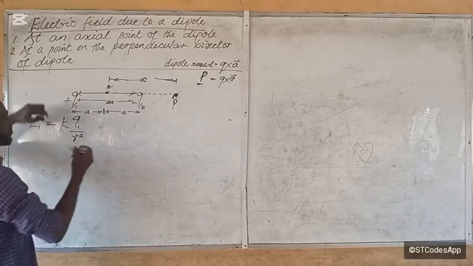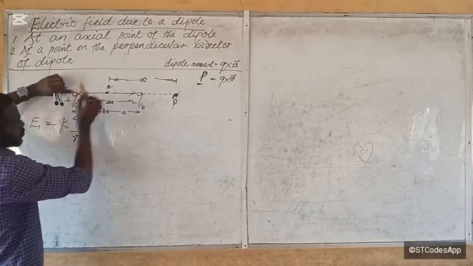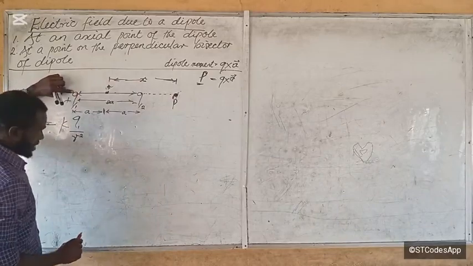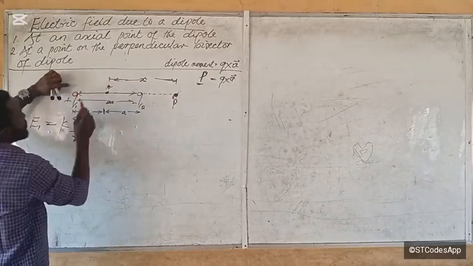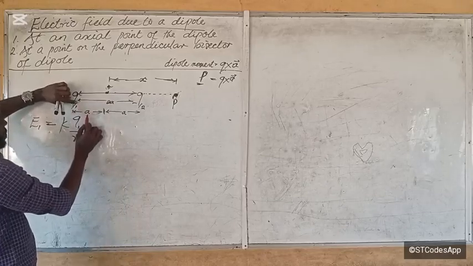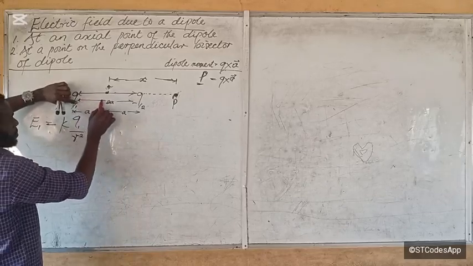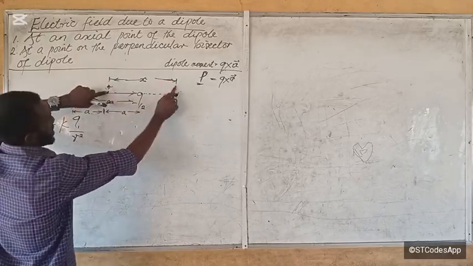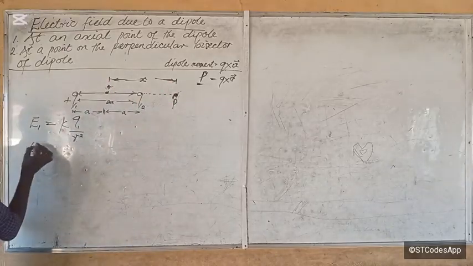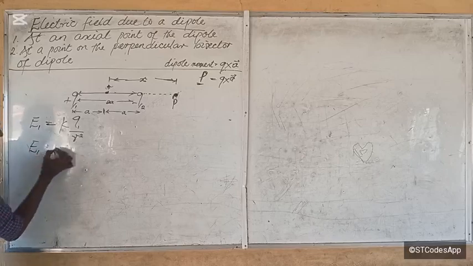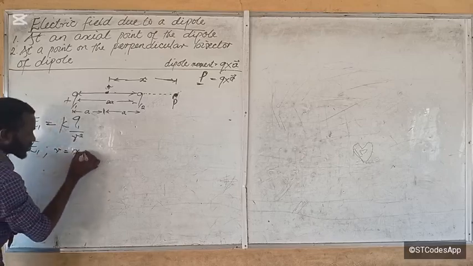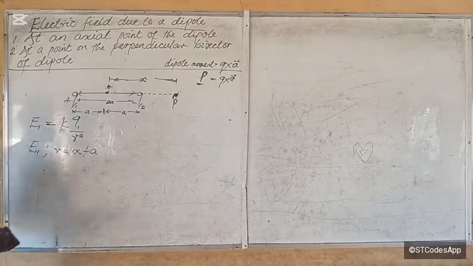Why? Because our R is going to be from this place to this place. Does that make sense? Yes. So what does that mean? If from here to here is A, from here to here is A, and from here to here is X. Therefore, for E1, R is going to be X plus A.